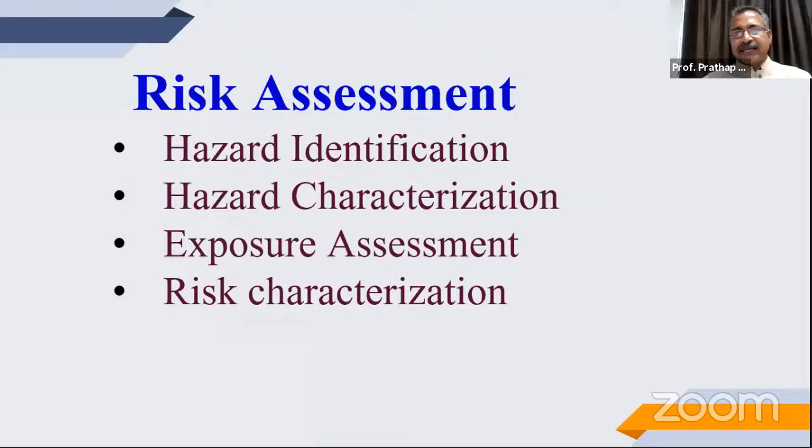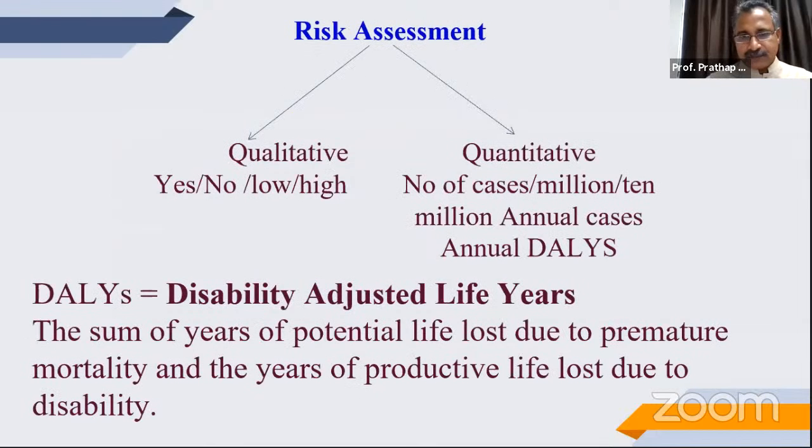When you are doing the risk assessment, the four most important steps are the identification of the hazard, characterization of the hazard, assessment of the exposure, and lastly but not least, the characterization of the risk, which happens based on the data available. Please remember that it is not just the hazard, but the nature of the hazard and also the exposure. I have already said that risk is a factor of hazard and exposure.